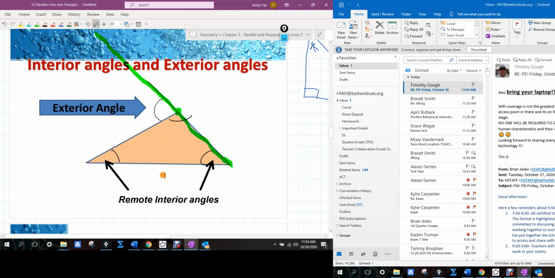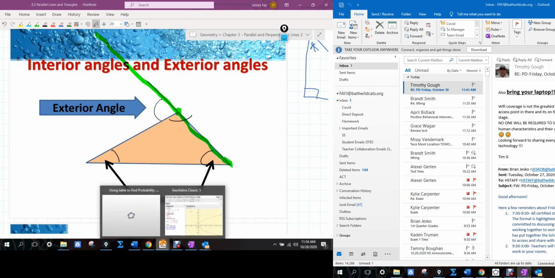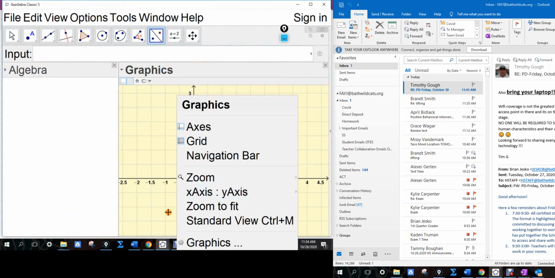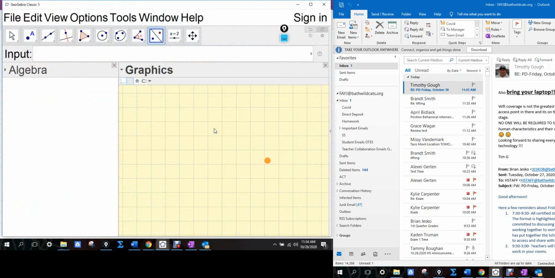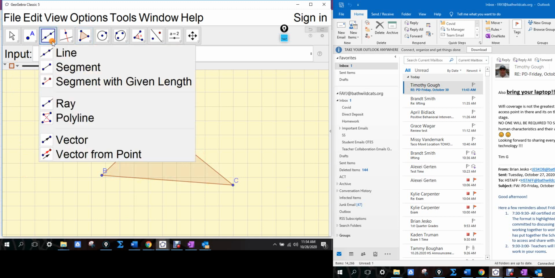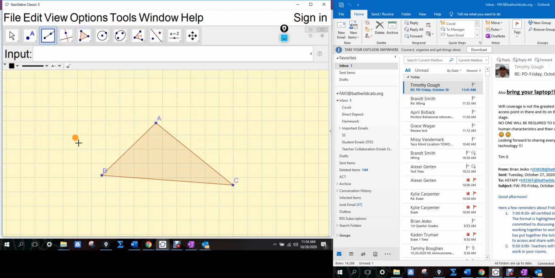Now, we can do that in a lot of different places. It's just cleaner for me to draw in GeoGebra. Let's say that I have this triangle. One of my exterior angles is going to go from B, and I'm going to trace all the way through A, and right here would be one of my exterior angles.